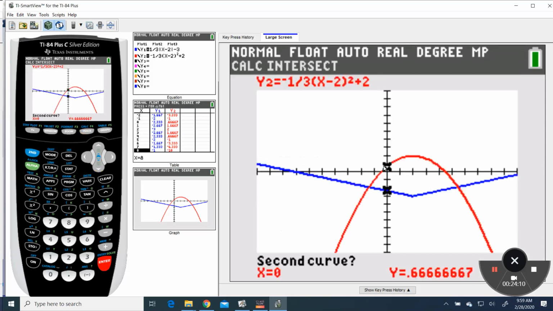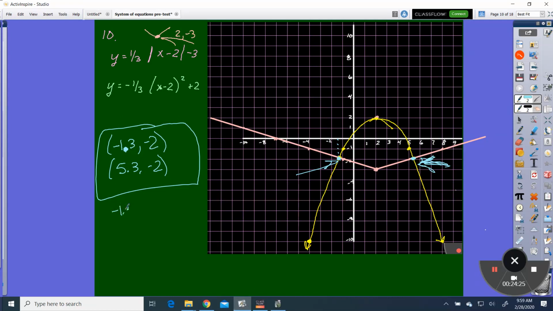The next curve is the red one. Where do I think they intersect? I'm going to move the little cursor about to right there. I hit enter. It says it's at negative 1.4 and negative 1.86. If you had what I had up here, I'd give you credit. But anyways, that's more exact. So that's how you do that using your calculator.